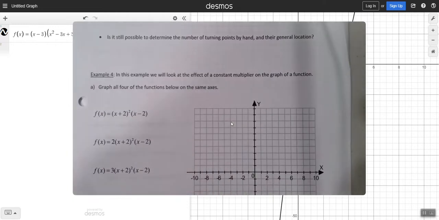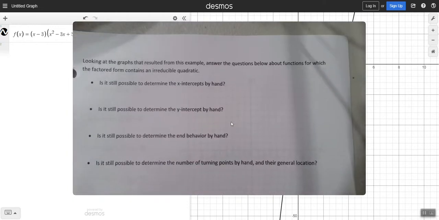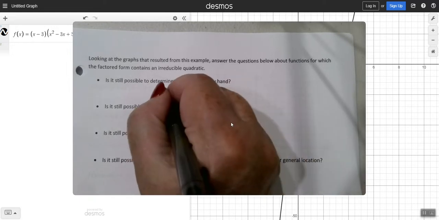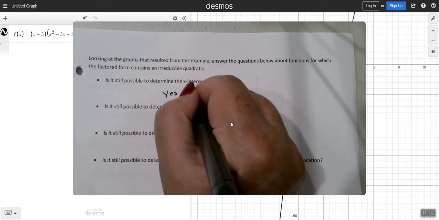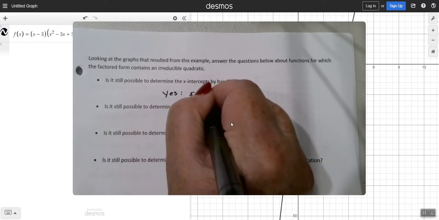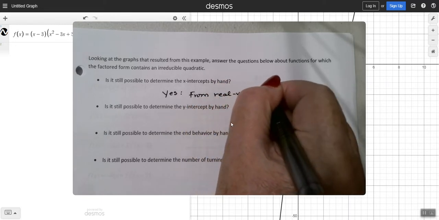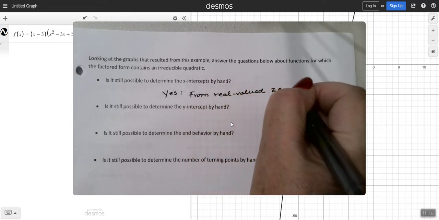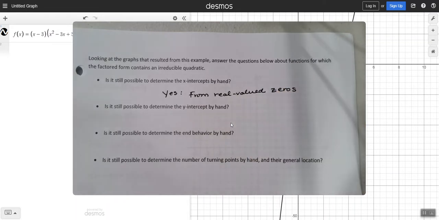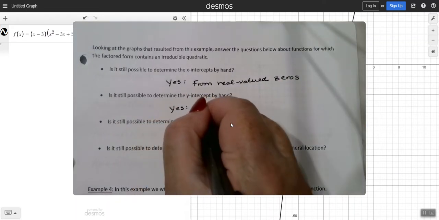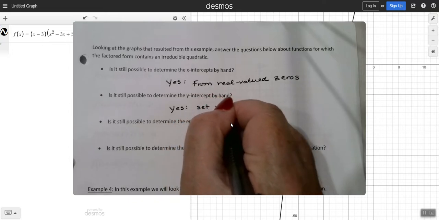So summarizing here, can we still determine the x-intercepts by hand? Yes, absolutely, from the real valued zeros. Can we still find the y-intercept by hand? Yes, definitely, just by setting x equal to 0 as always.